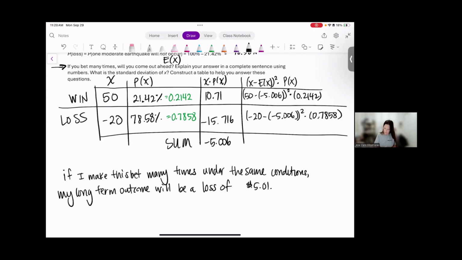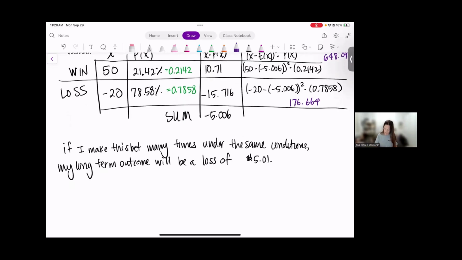And I get a first value of 648.096. And the second one, negative 20 minus a negative 5.006 squared times 0.7858, I get 176.664. The variance is then found by adding the two together.